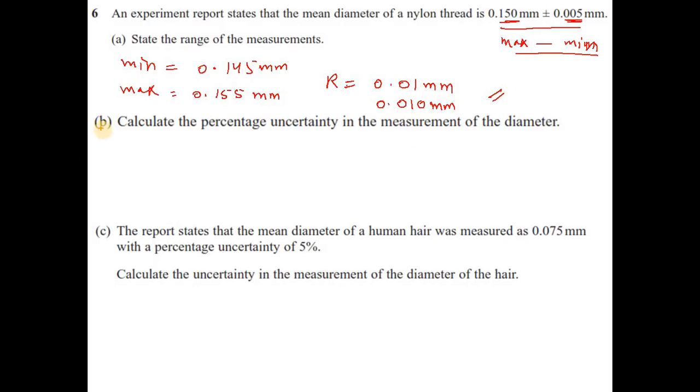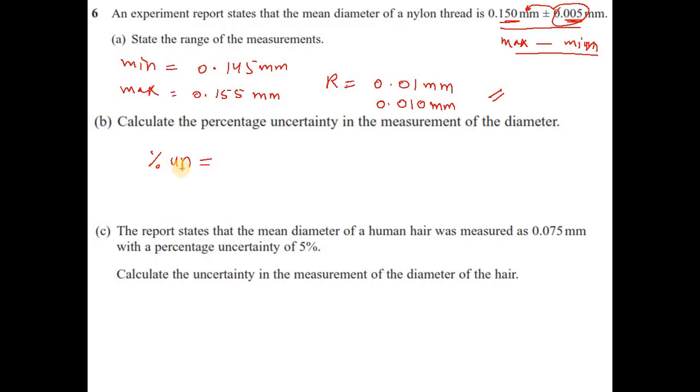Part B. Calculate the percentage uncertainty in the measurement of the diameter. So percentage uncertainty is you divide the uncertainty by the measured value.